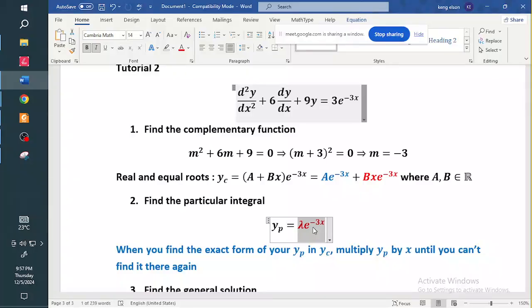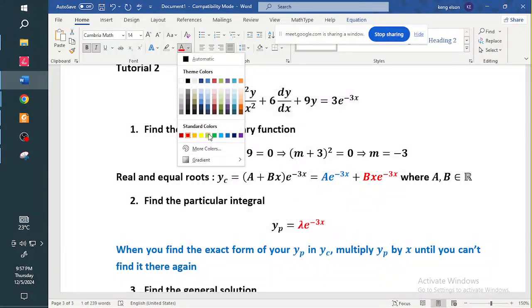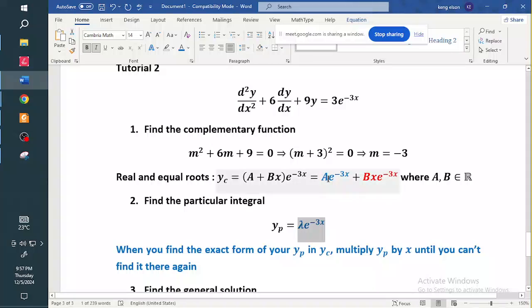But if it is found there, we have to multiply the initial guess by an x. You realize that lambda e to the minus 3x is exactly as A e to the minus 3x. They are of the same form. So I will multiply this by an x. So lambda x e to the minus 3x is now my new yp.